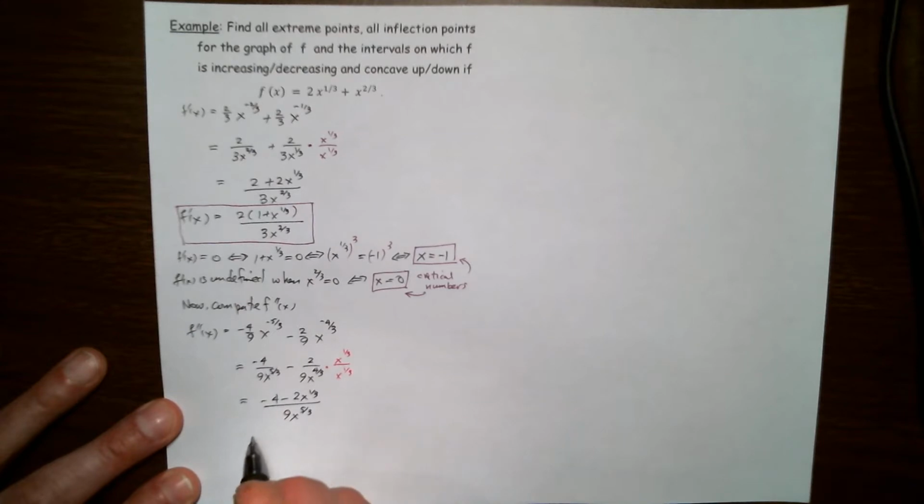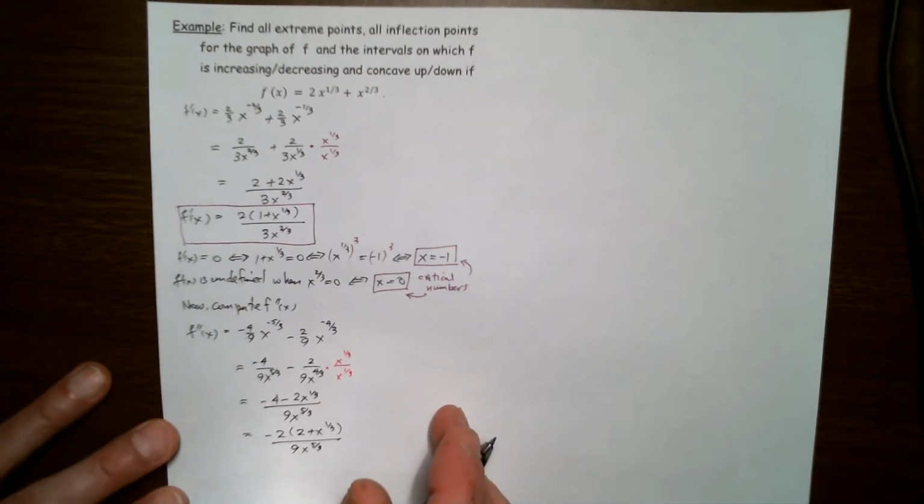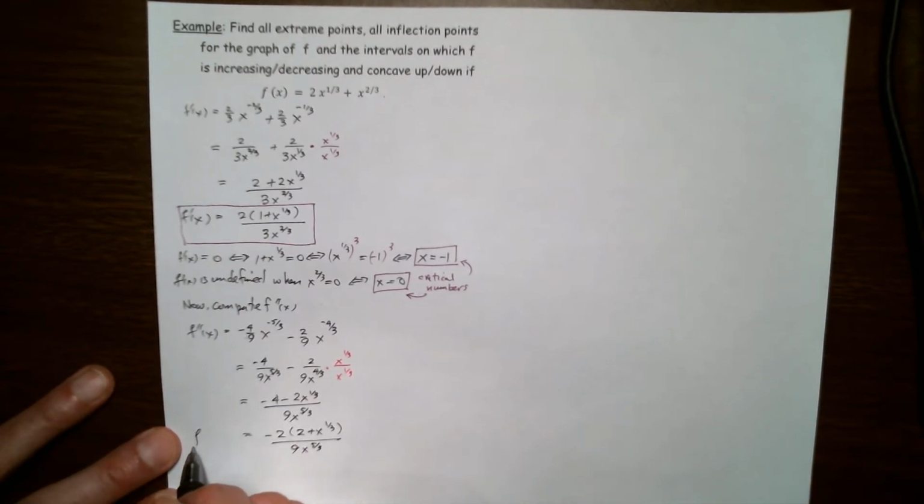So if we pull out the minus 2, we could write minus 2 times 2 plus x to the 1/3, all divided by 9x to the 5/3. Okay, so here's our fully factored form for f double prime. Okay, and so let's put that formula also in the box.